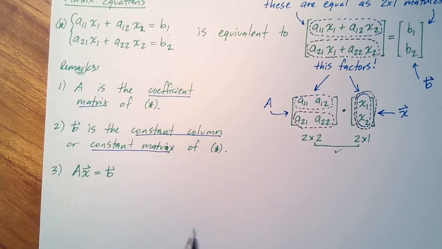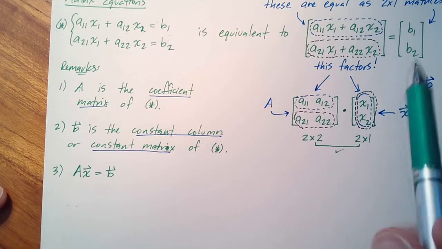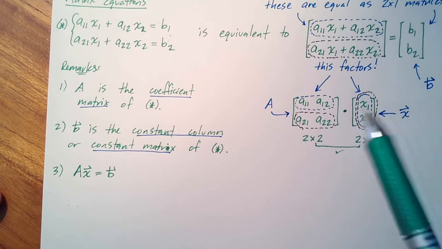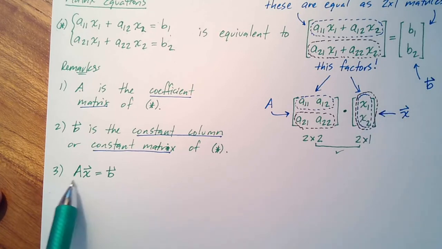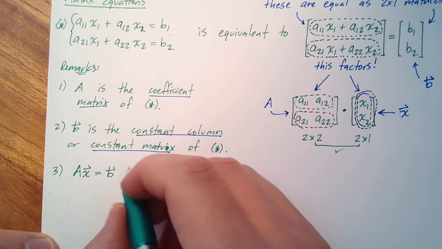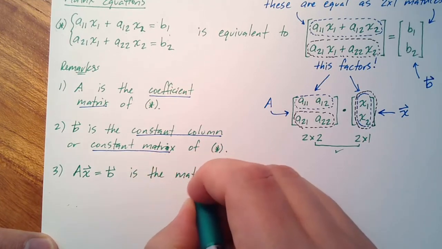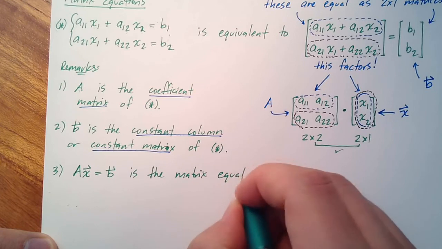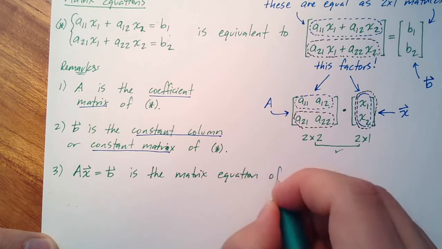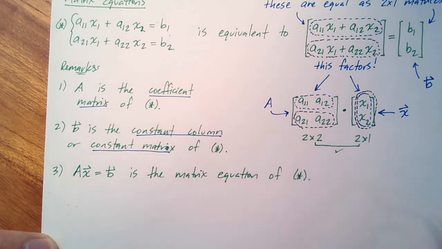So that's why I said this is really nice. Matrix multiplication will allow us to express linear systems efficiently, and this is exactly what I meant by that. And this is called the matrix equation, again, of that linear system that we started with.